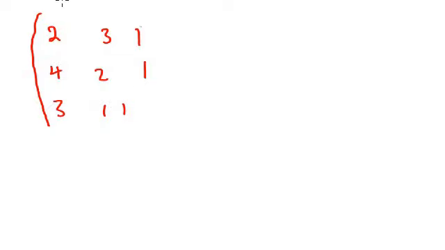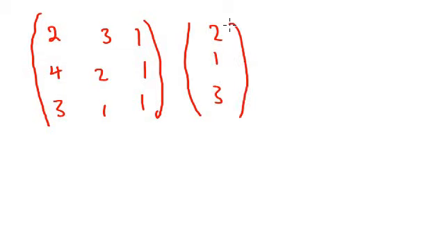Example 5. Well, let's try and consider something very bulky this time around. Let's consider 2, 3, 1, then 4, 2, 1, 3, 1, 1, and we're multiplying that with 2, 1, 3. So will the product exist?